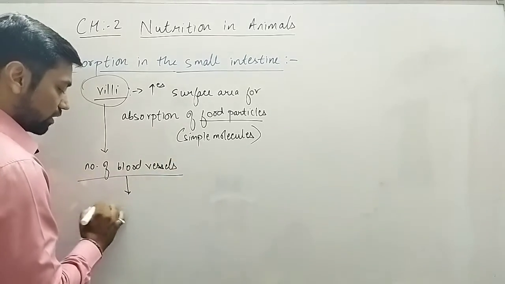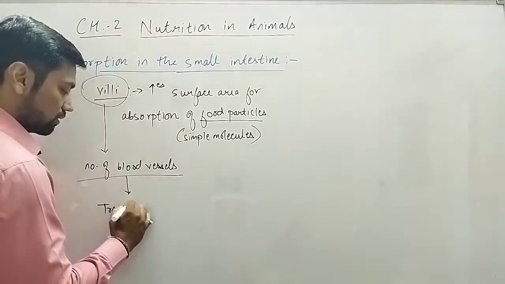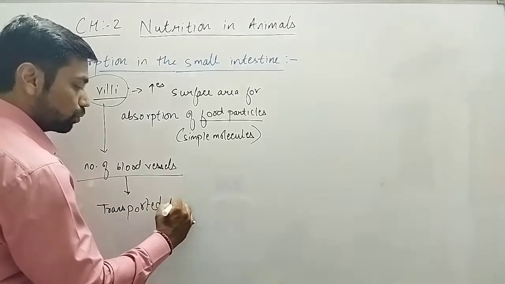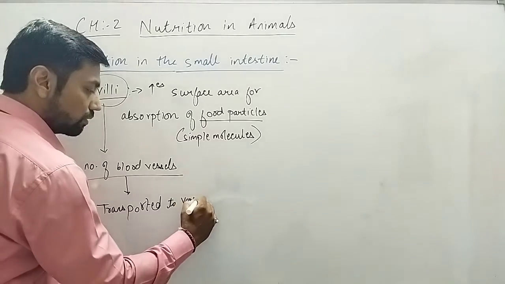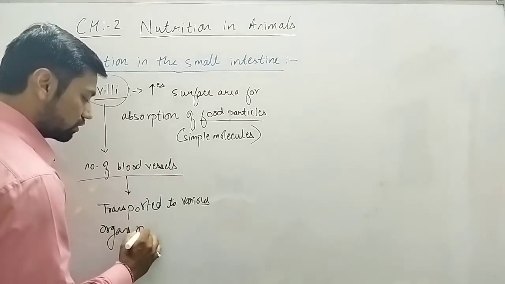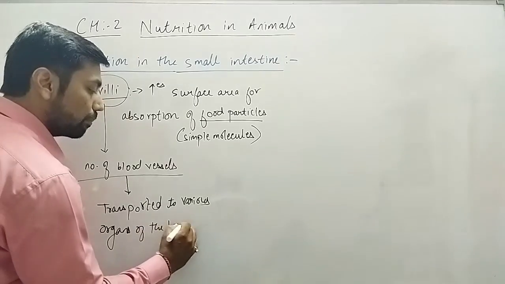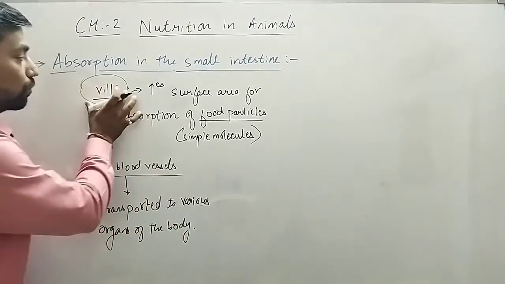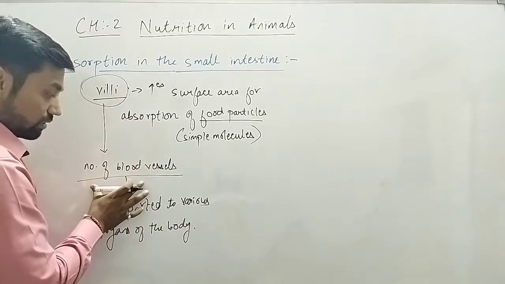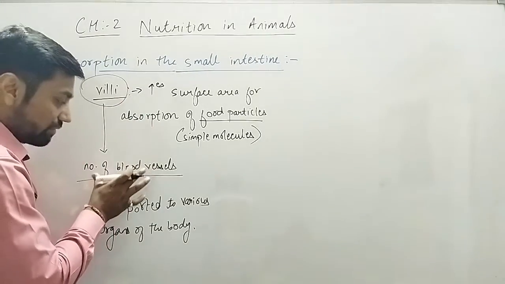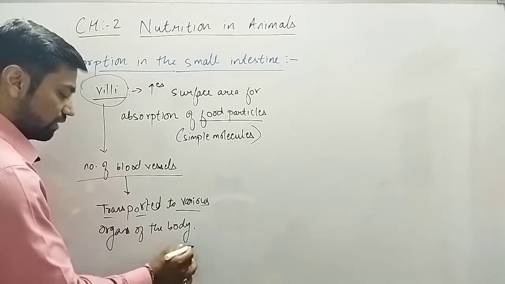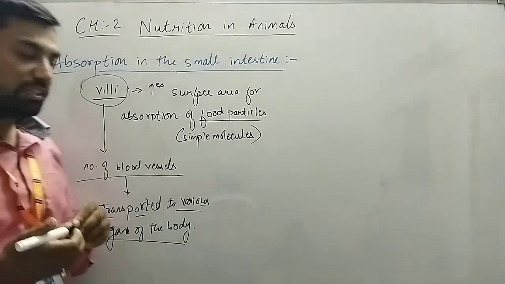the nutrients are transported to various organs of the body. As the food has been absorbed through the microvilli into the blood vessel, from the blood vessel it will be transported to the different organs of the body.